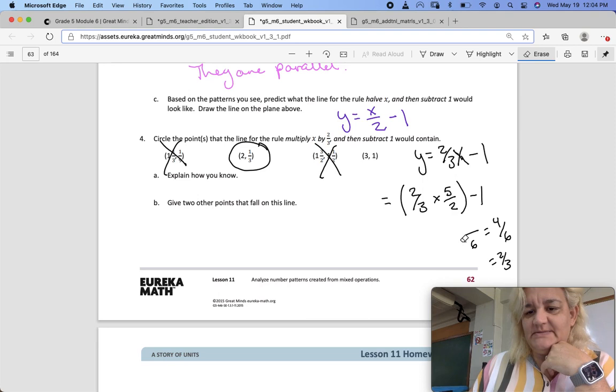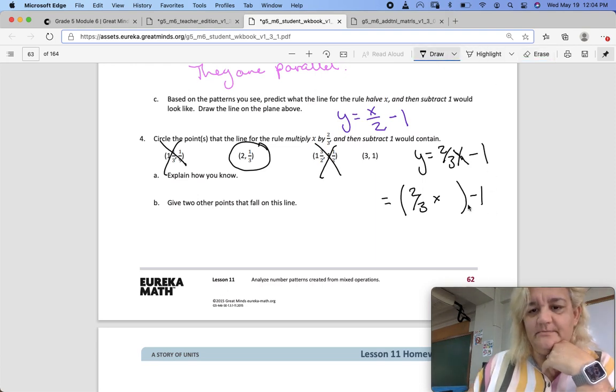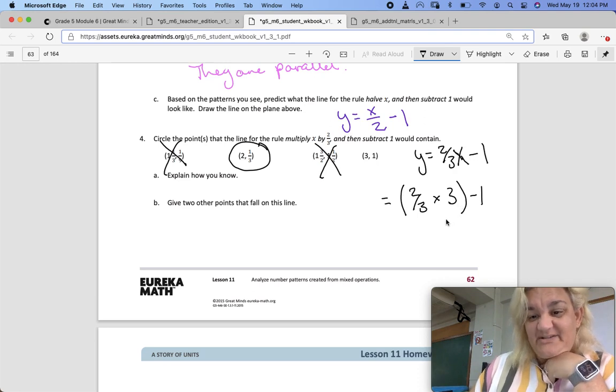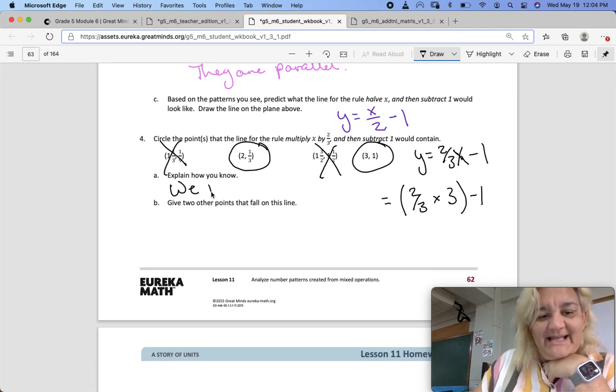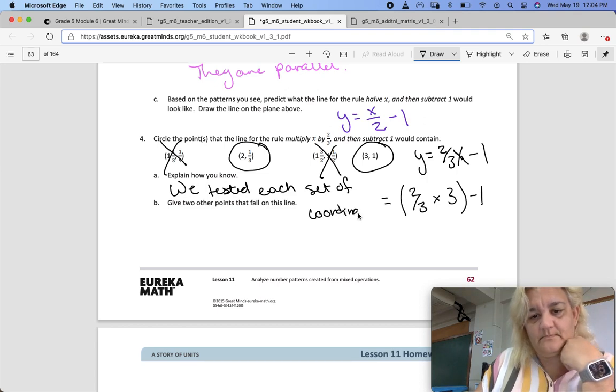All right, and the last one, 3, 1. Let's see, if I put 3 in this problem, 3 times 2/3 would be 6/3, which equals 2. 2 minus 1 is 1. Does work. Okay, we tested each set of coordinates with the rule.